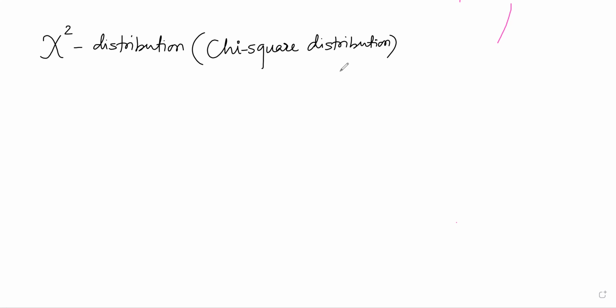The testing procedure requires an assumption about the type of population or its parameters. These are all parametric tests.